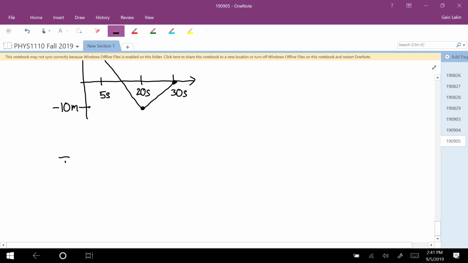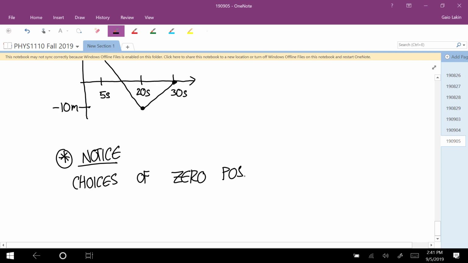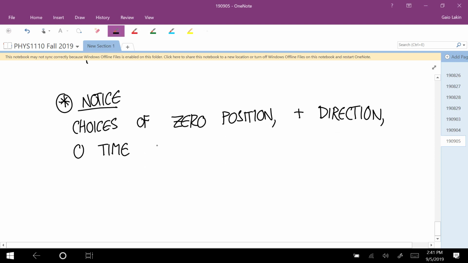So notice that your choices of 0 position, positive direction, and 0 time change the graph.